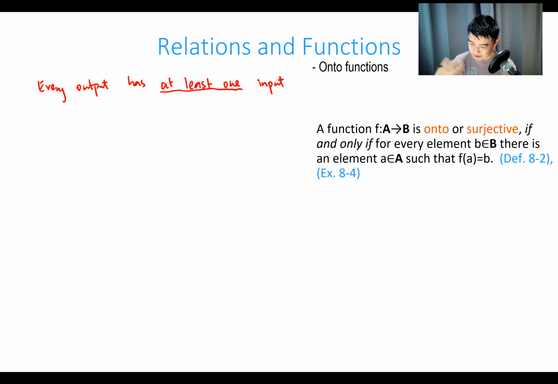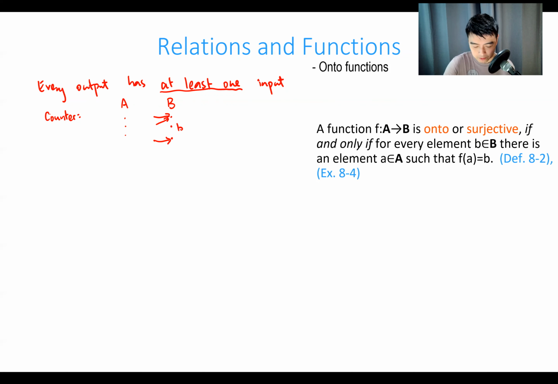Now again, let's start with a counterexample. What does a counterexample of an onto function look like? So let's say I have a set A with a bunch of elements in A, and then I have a set B with a bunch of elements in B. There are always arrows pointing at B, but let's say there's one element that is never used.